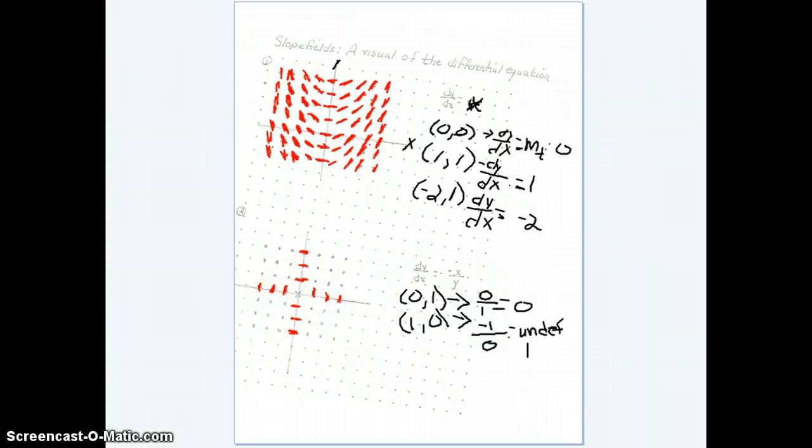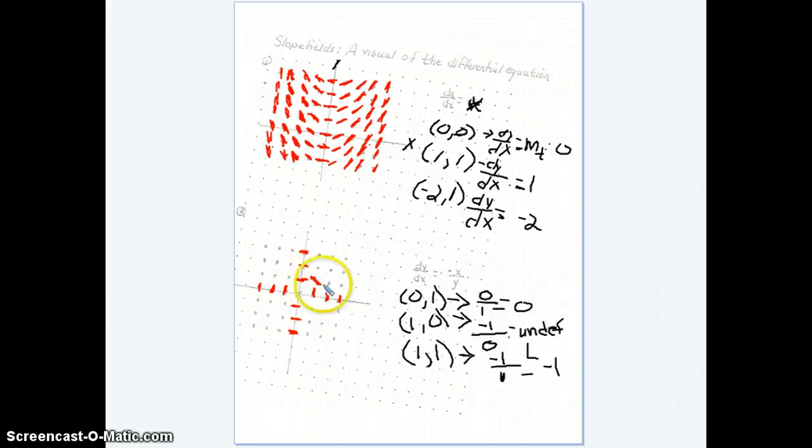All right, so let me pick one more so that you can see. Let's pick the point (1, 1). So it's the opposite of the x, that's negative 1, over the y, which is 1, that's negative 1. So if I plot this point, I'm going to get a negative 1 slope. So that's going to go this way, negative 1.